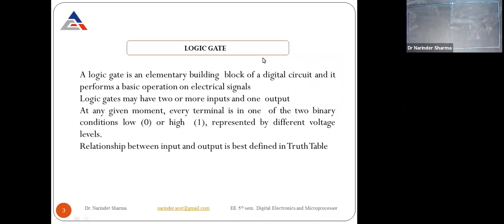So logic gates. We know that a logic gate is an elementary building block of a digital circuit. I repeat, an elementary building block of a digital circuit, and it can perform operations based on your logic. It may have more than one input, and the output would always be one. The relation between this input and output is said to be a truth table.